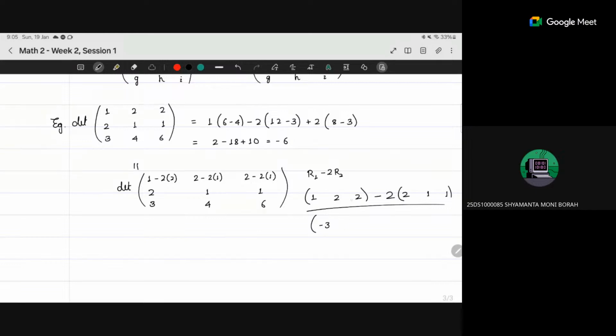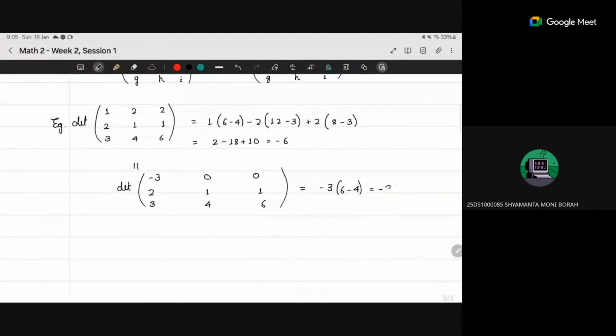Minus 3, 0, 0. Correct? That is what I mean by doing R1 minus 2 R2. So what I'll be left with is minus 3, 0, 0. Now this is of course much easier to compute. It is just this. Minus 6, yeah, correct.